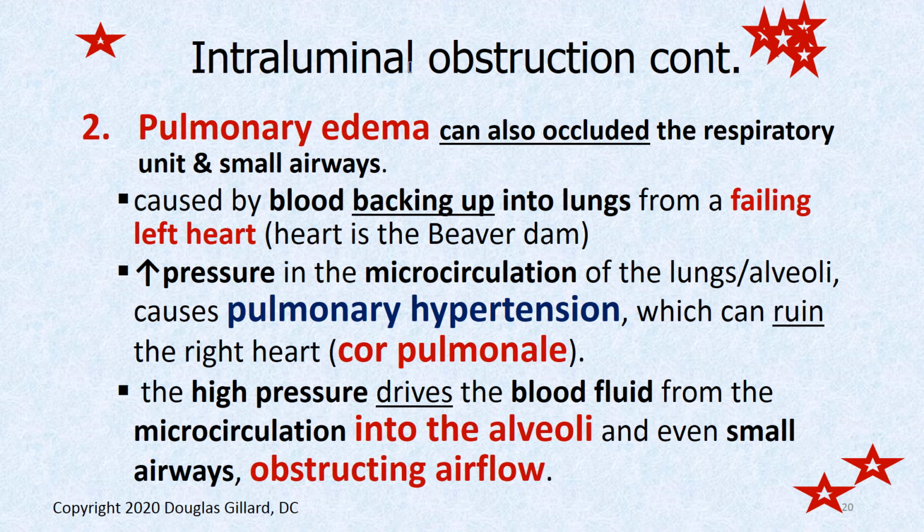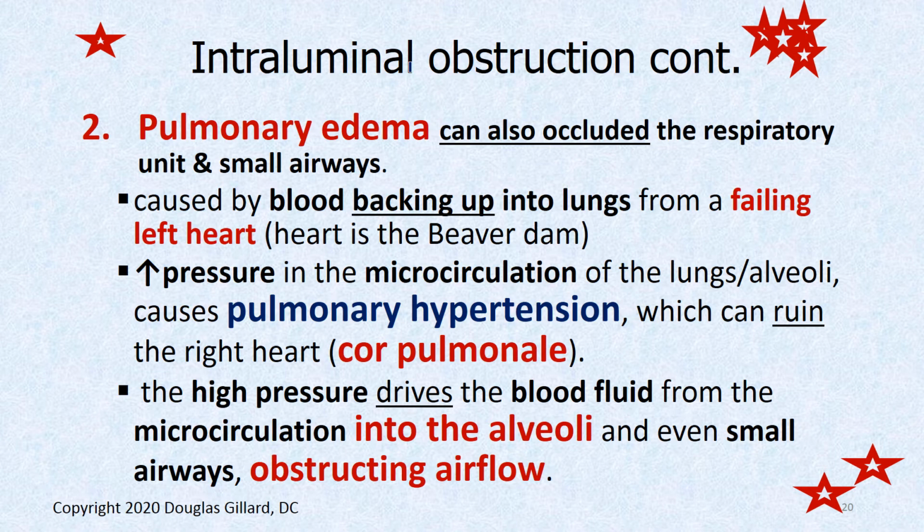Okay, pulmonary edema is another interluminal obstruction that can occur. It's usually with left heart failure as the main cause of pulmonary edema. But if you have a beaver dam in the left heart, it increases the pressure in the microcirculation, just like a beaver dam would upstream.